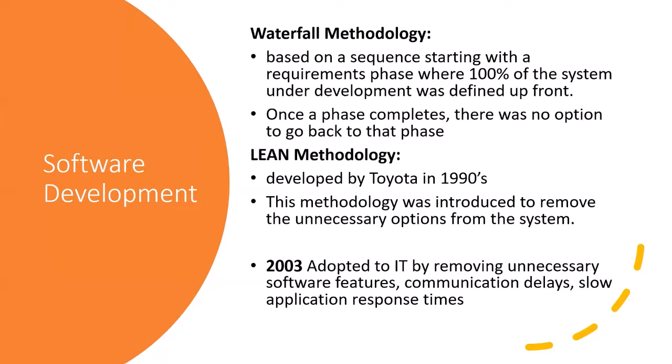Then a new methodology came, that is lean methodology. It was developed by mechanical engineers who worked at Toyota in the 1990s. So what is this lean methodology? A very interesting thing: they worked on this idea for just 3 months and made it successful.